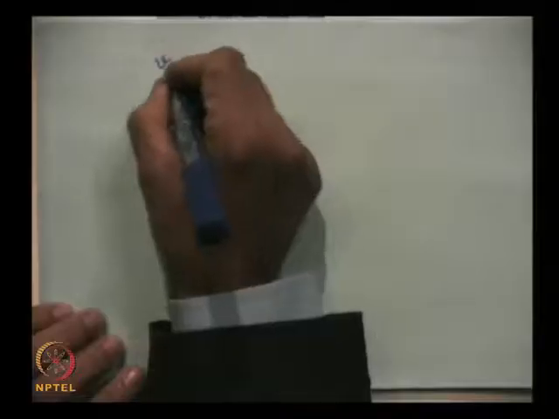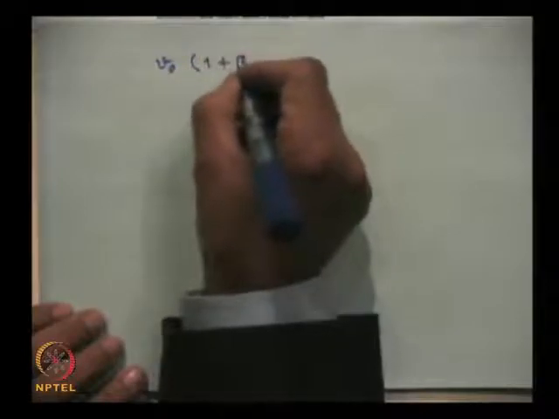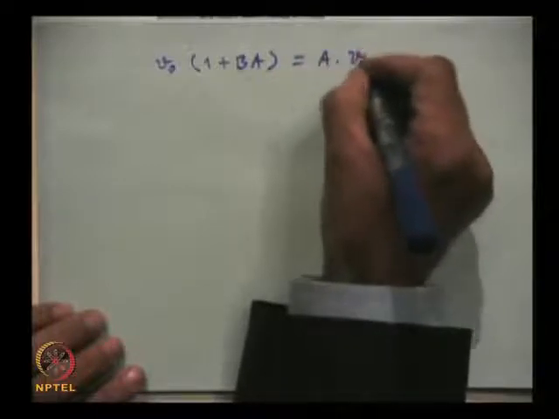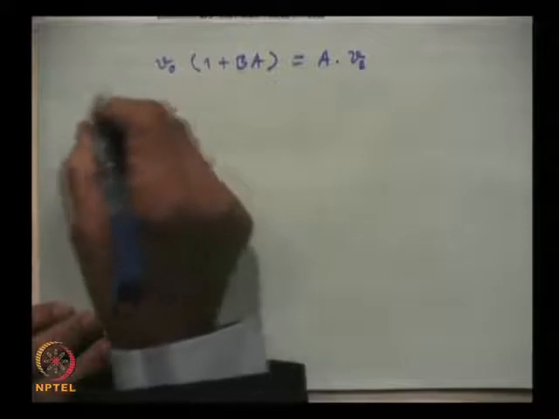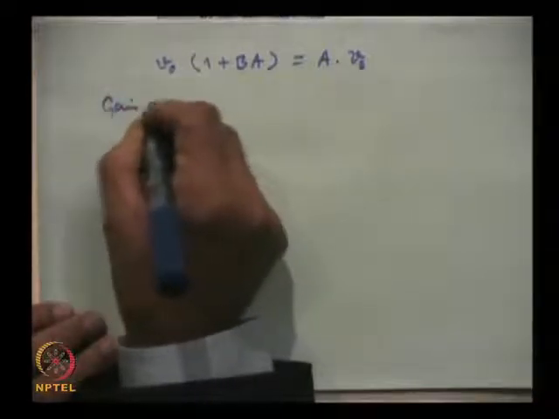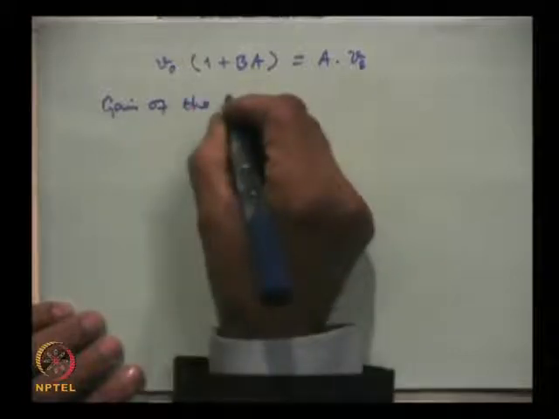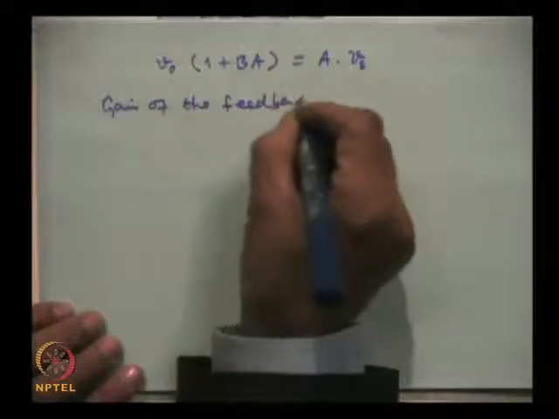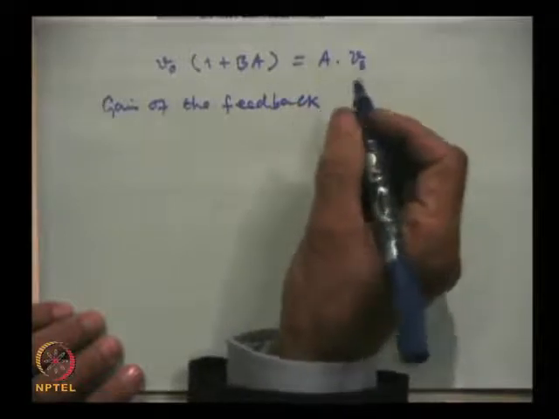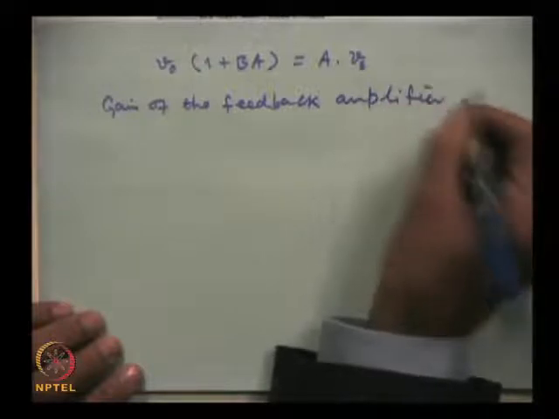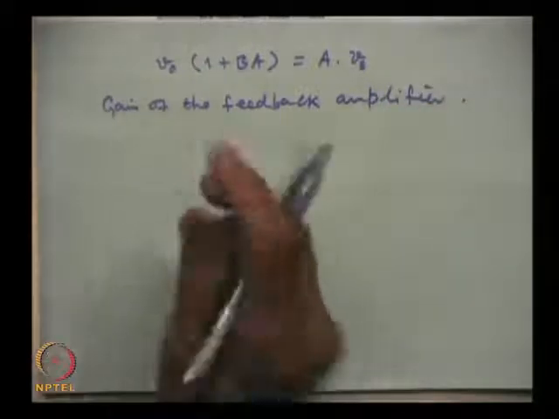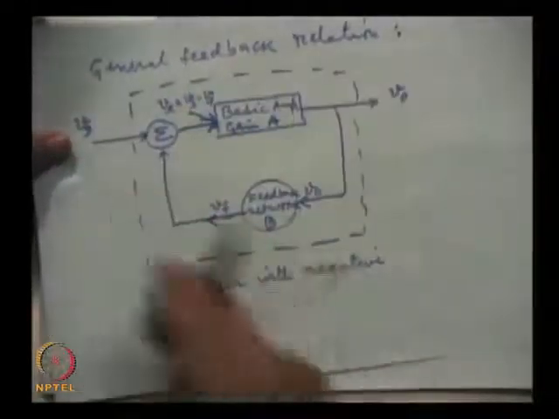From here we get V0 into 1 plus B into A equal to A into Vs. Now, gain of the feedback amplifier, or amplifier with feedback, is, this is the feedback amplifier.